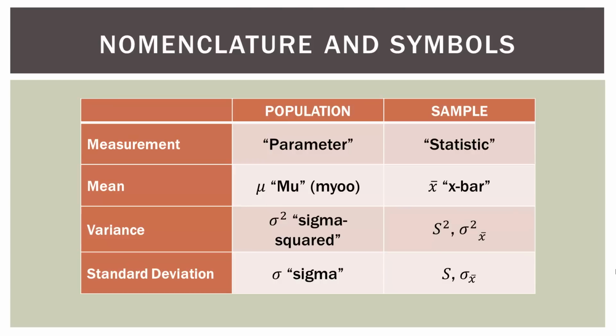Okay, let's talk about variance. For the population, it's the Greek letter sigma, which kind of looks like an O with a little flare on the top. So sigma squared is the variance of the population. Sigma squared. Now for the sample, it can usually be shown two different ways. Sometimes it's shown as an S squared, or sometimes it's sigma squared sub X bar.